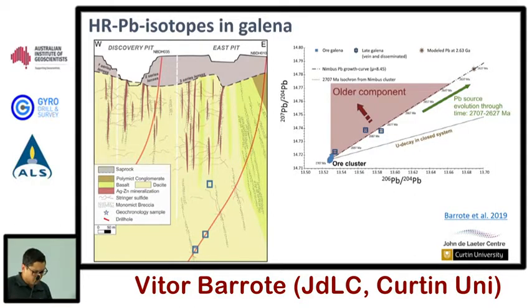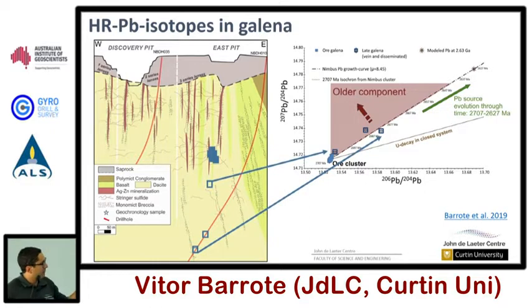Now, this is important because when we plot those 3 points of late galenas in a map, what we observe is quite interesting, is that the further you get from the actual position of the ore bodies, the more towards the younger signature you get. And this is showing us that these galenas are the result of the remobilization of the lead that was there in the ore, as well as the introduction of a new component, and that could possibly be developed into a vector towards ore, where the closer you get to a signature of ore cluster, the closer you get to the ore.